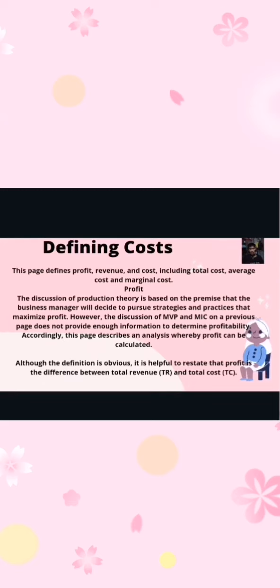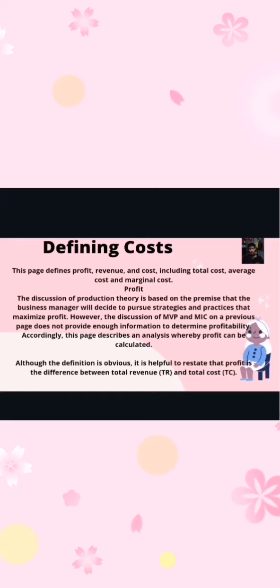Defining cost. This page defines profit, revenue, and cost, including total cost, average cost, and marginal cost. The discussion of production theory is based on the premise that the business manager will decide to pursue strategies and practices that maximize profit.